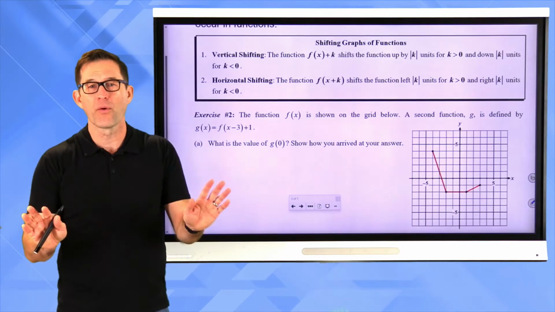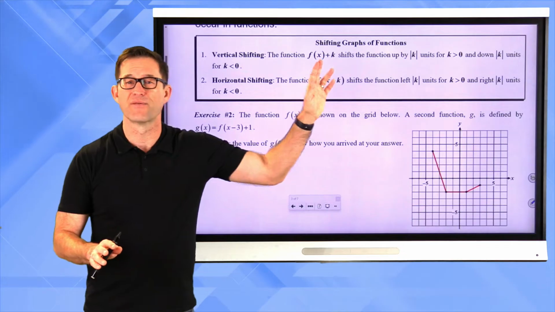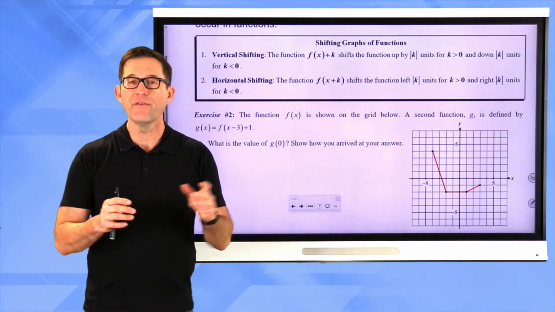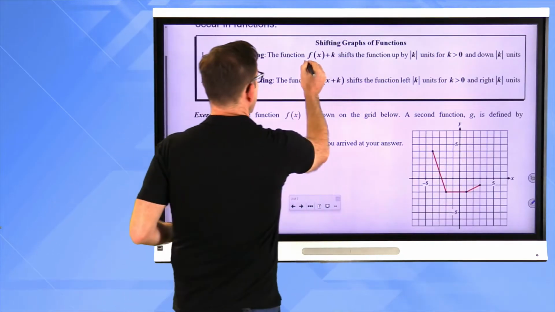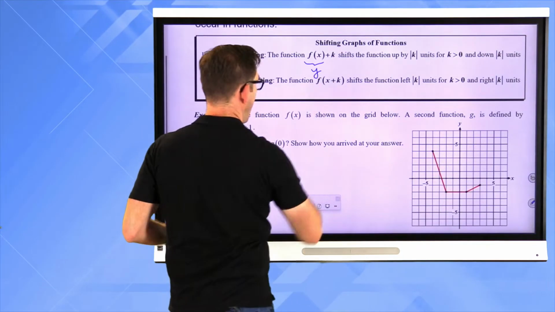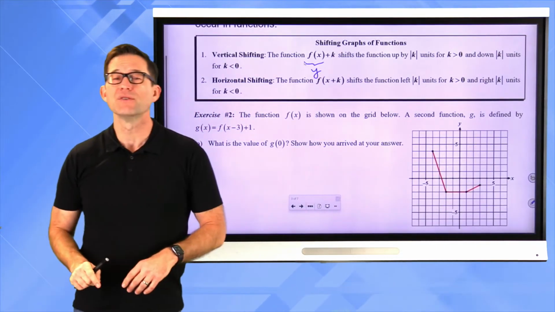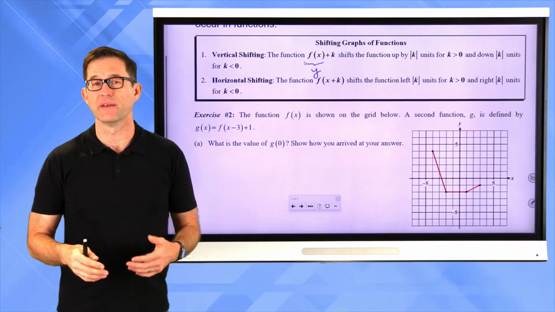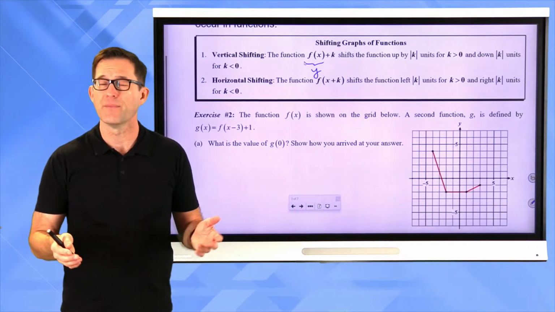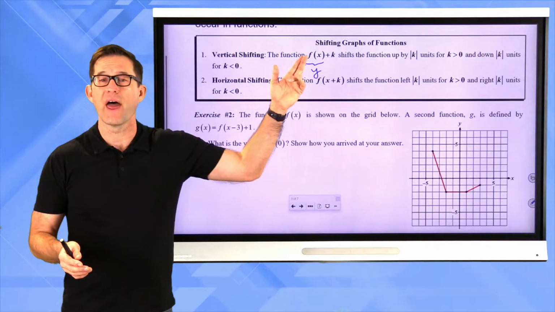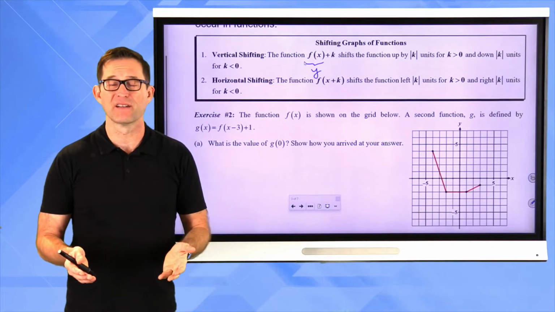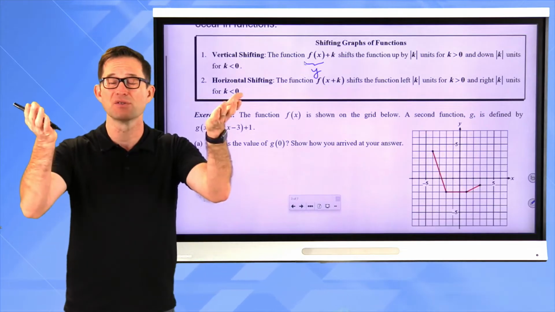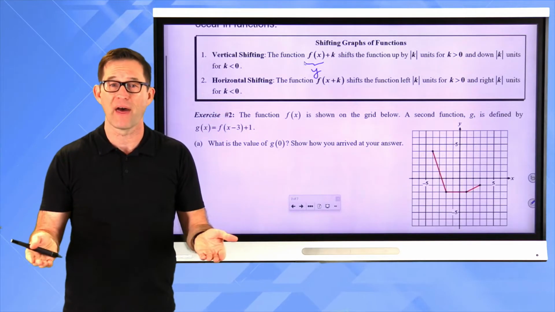Now before we go into the horizontal, let's just discuss the vertical really quickly. F of x is just another name for y, okay? So the idea with vertical shifting is very, very simple. If I take a function and I add a positive constant to it, I'm adding that positive constant to all the y values, so I'm just moving them up by that amount.